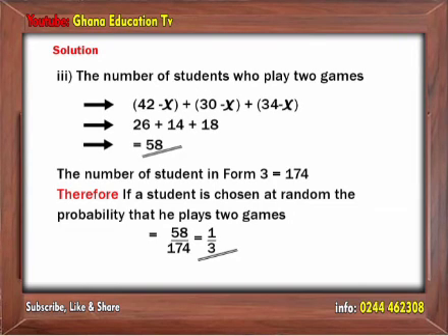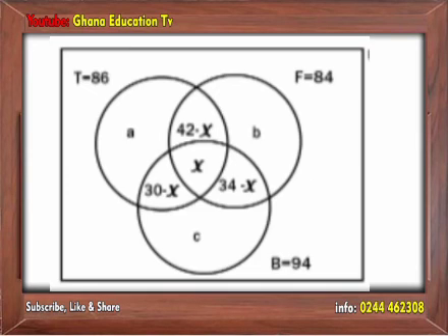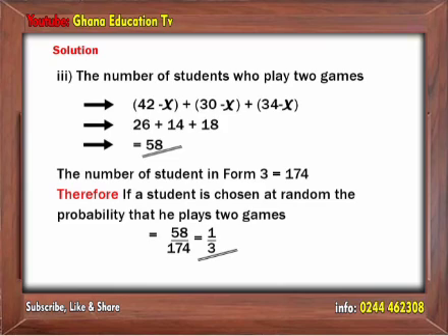The number of students who play 2 games, and that is 42 minus x plus 30 minus x plus 34 minus x. So in simplifying this, you have 26 plus 14 plus 18, and that is 58.